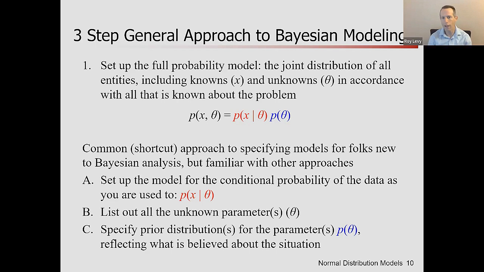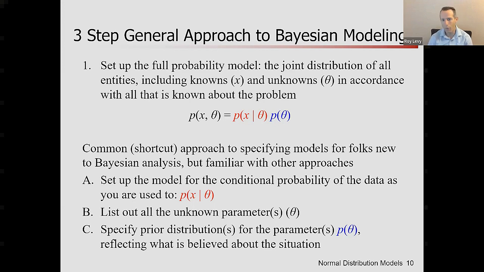If you're used to specifying statistical models a certain way, do that. Then go through that model and look for all the unknown parameters. What are the unknowns here? And those are the things that in the final stage here, we would specify prior distributions.